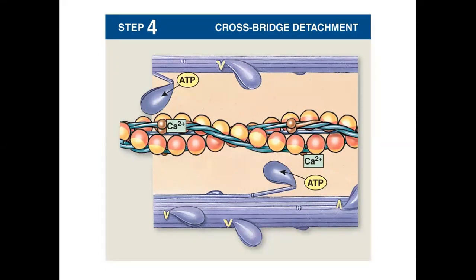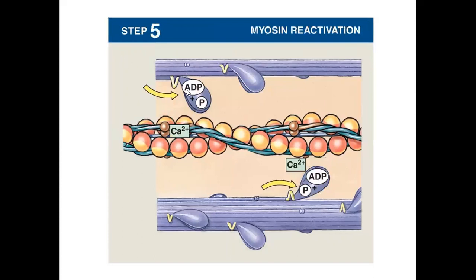The next step is when the ATPase breaks down ATP into inorganic phosphate and ADP, that force is enough to cock the head, to straighten the head and pull it outwards.